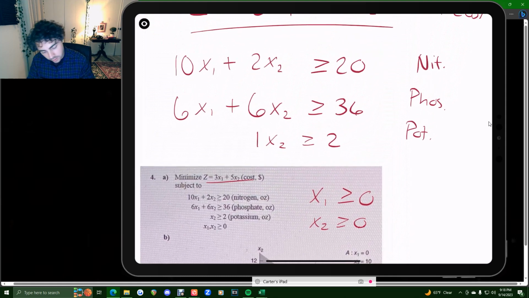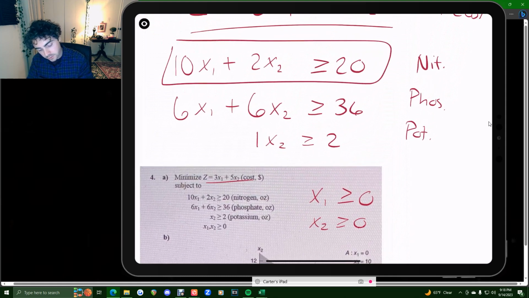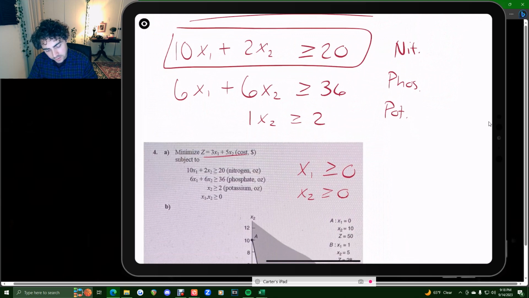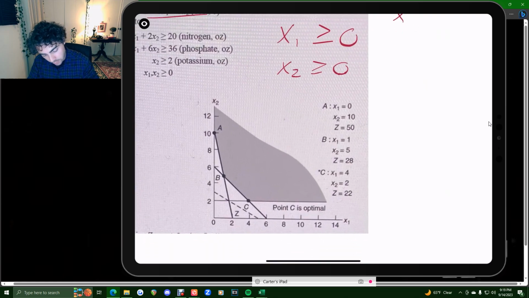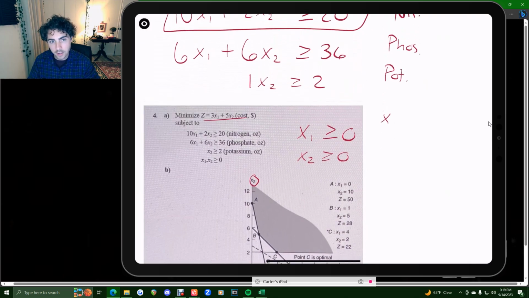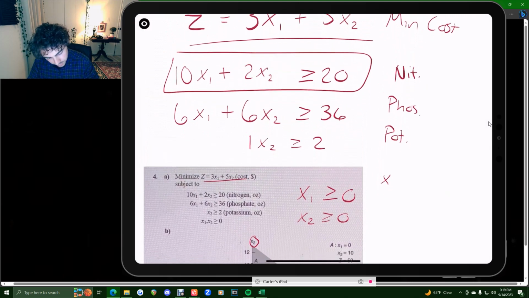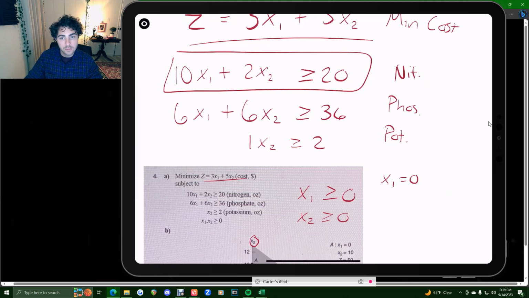Take the first one, 10x1 plus 2x2 is greater than or equal to 20. Imagine we calculated the x and y intercepts for that inequality, by which I really mean the x1 and x2 intercepts. Notice the graph here: x2 is like the y. To find the x2 intercept, we set the opposite variable, x1, equal to 0.